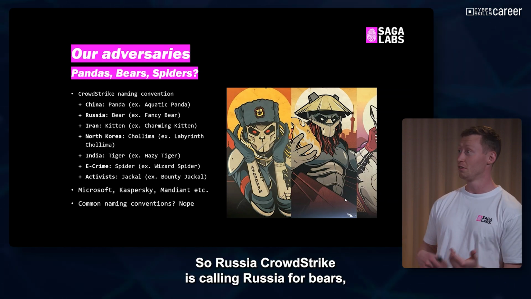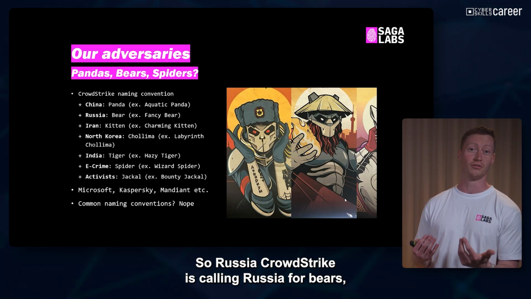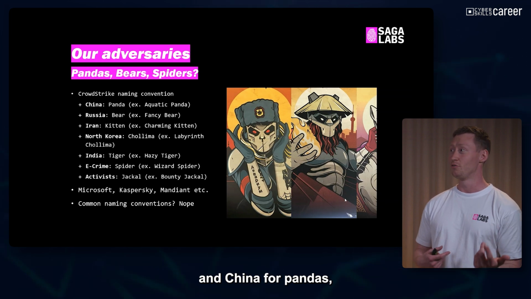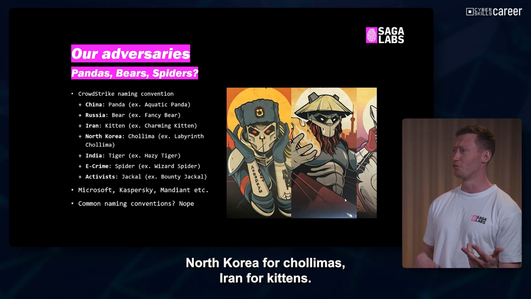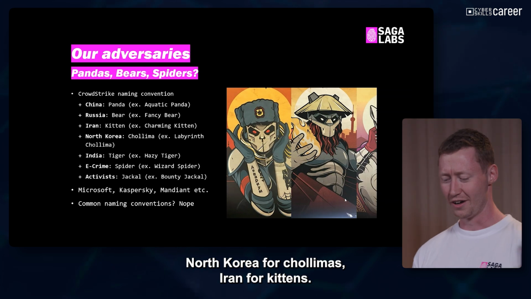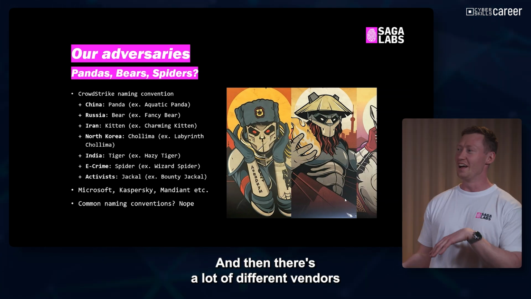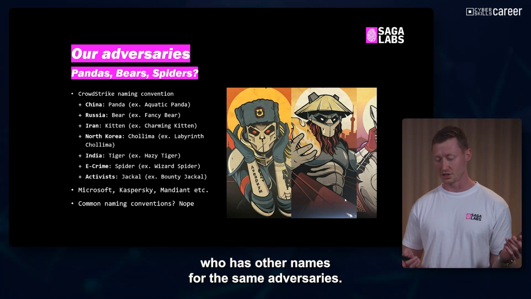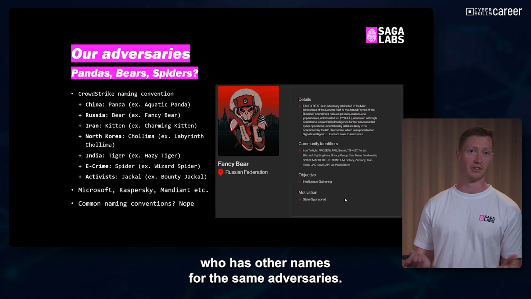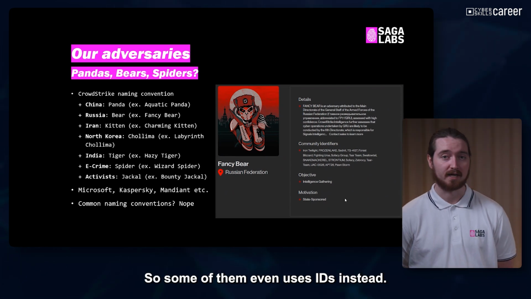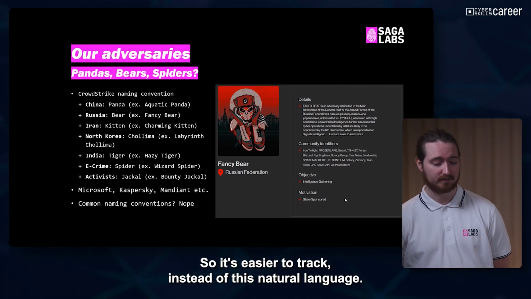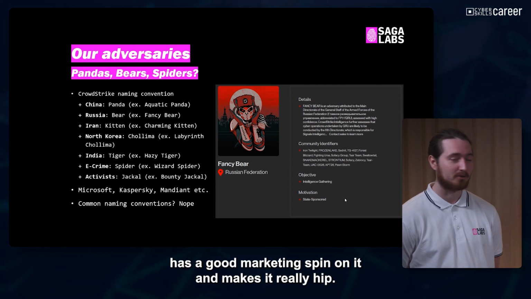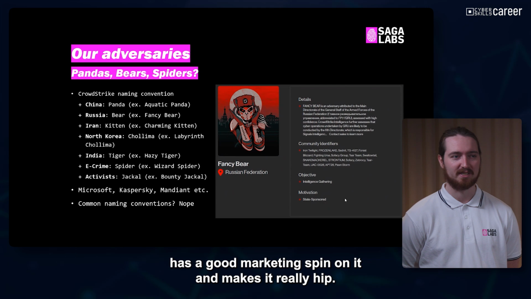CrowdStrike calls Russia bears, China pandas, North Korea chihuahuas, and Iran kittens, and there are a lot of other vendors with different names for the same adversaries. Some even use IDs instead, which makes it easier to track than natural language. But the CrowdStrike model has a good marketing spin and makes it really hip.